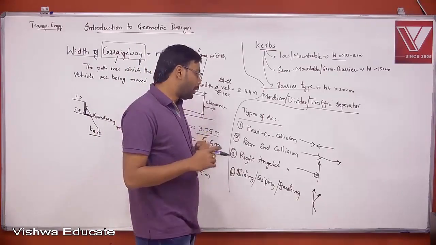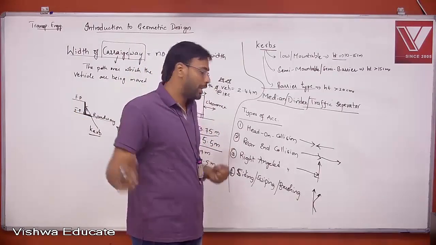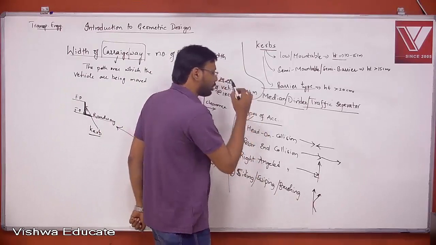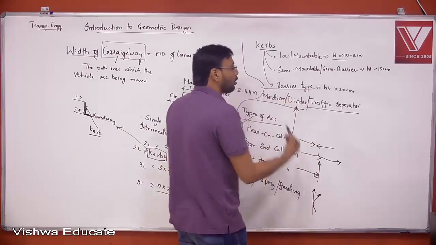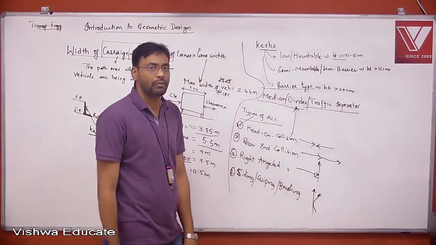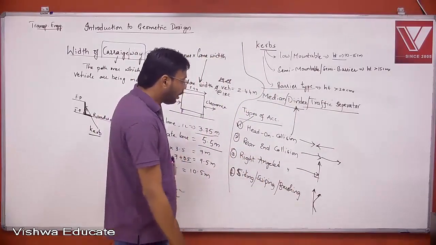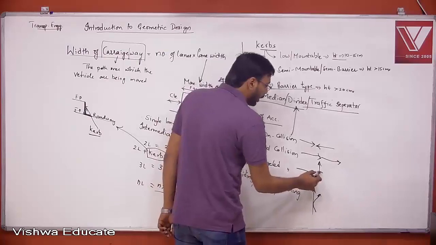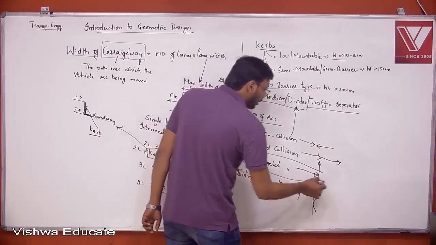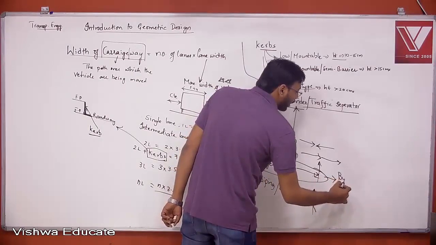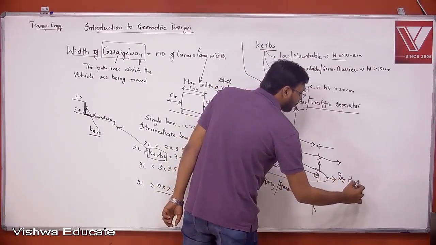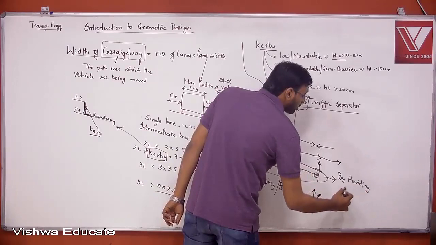Yes, you can completely eliminate head-on collision by providing a median or a divider or a traffic separator. And you can completely eliminate right angle collision by providing what?